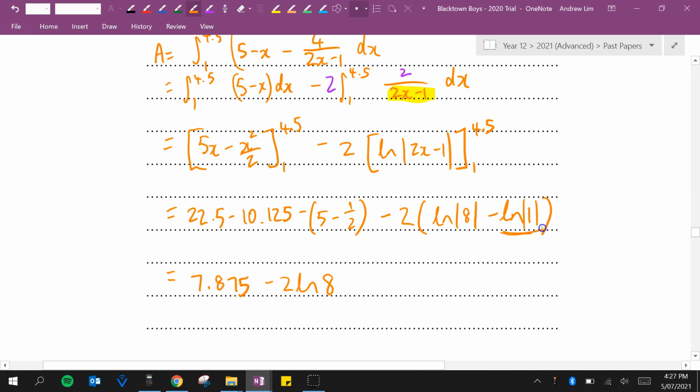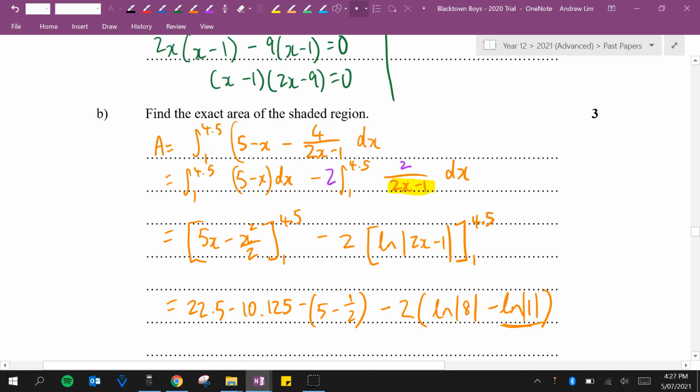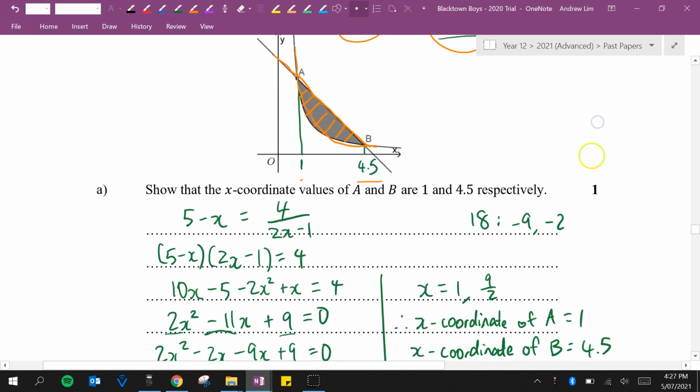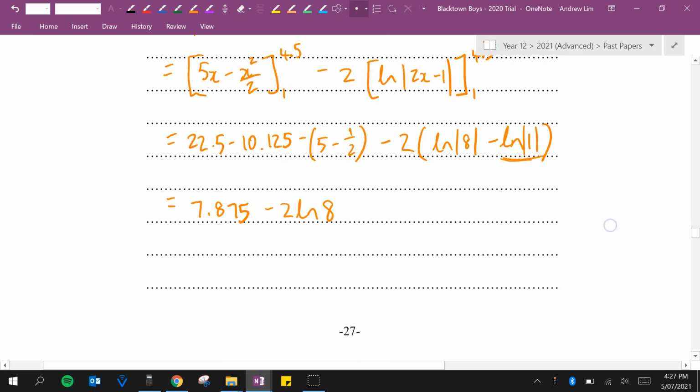And because this is 0, and because this area doesn't tell us what units it is, I'm just going to write square units. All of that, square units.